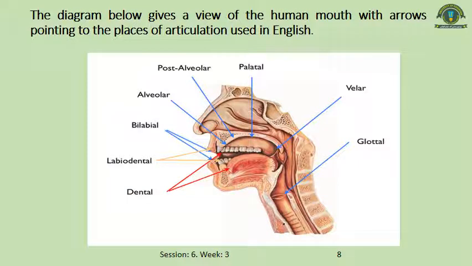My dear ones, before I pick up all the sounds of the places of articulation separately, I think it's pertinent to talk about this diagram, which is very important. This diagram primarily presents before you a complete view of the human mouth, and you can understand through the arrows pointing to the places of articulation used in the English language. I have specifically named English because I cannot talk about any other language.